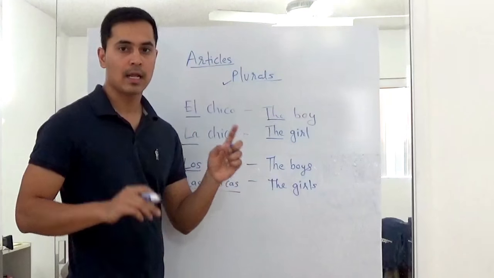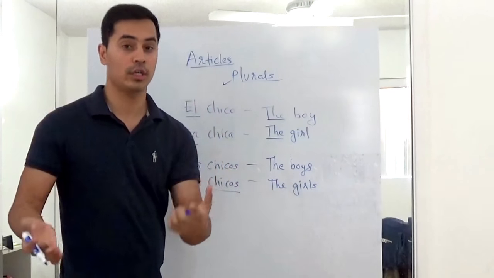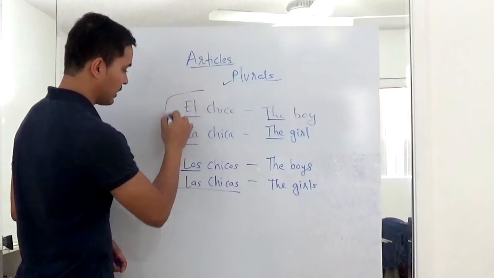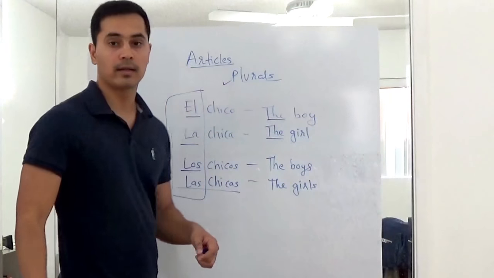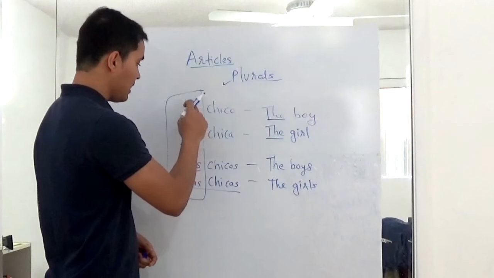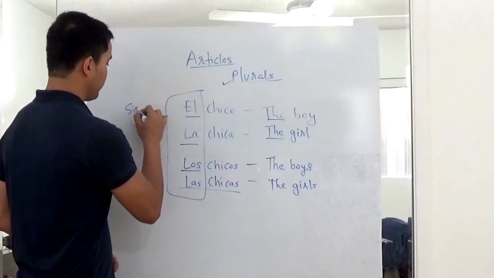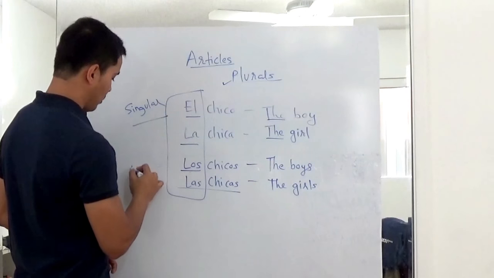So el chico, los chicos. La chica, las chicas. So you have got the full set of definite articles in Spanish. El, la, los, las. These are for singular and these are for plural.